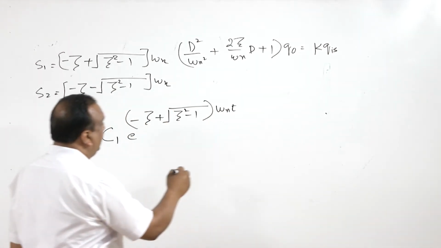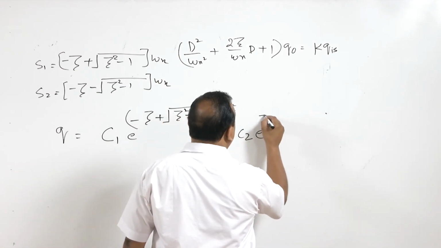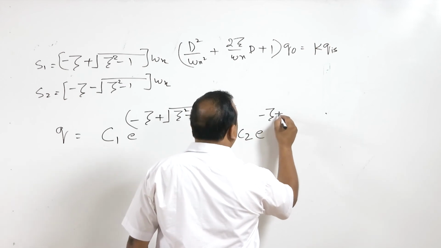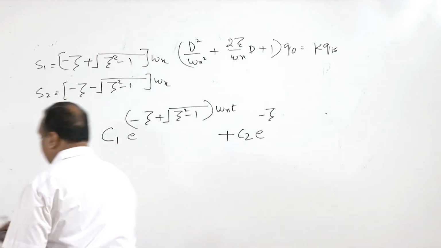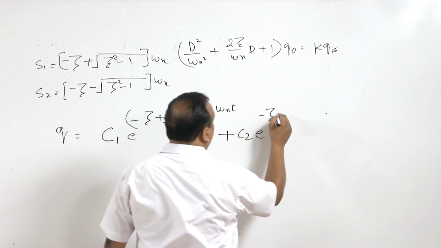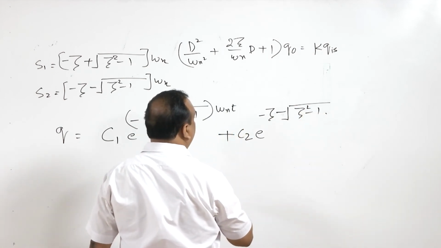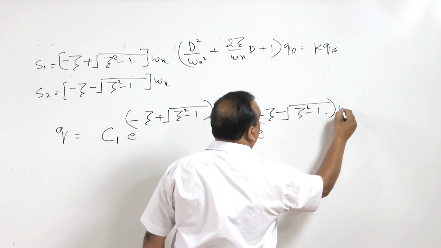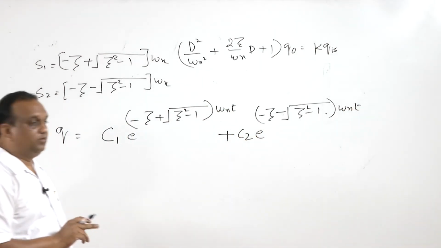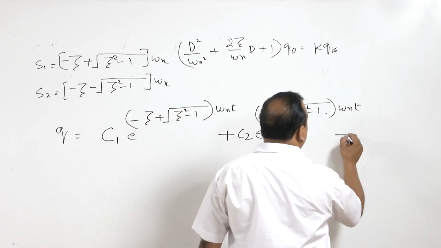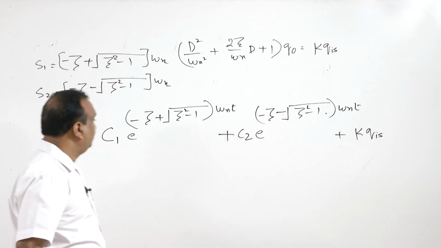And then we get another one, C2 e raised to power minus zeta minus under root zeta square minus 1 multiplied by omega n t, plus particular integral, plus k q I s. So this is the generalized solution.